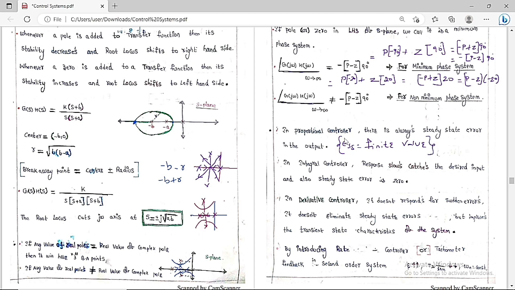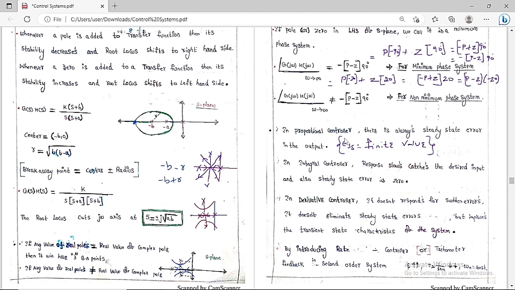Therefore, in the case of a proportional controller, there is always some steady state error in the output.